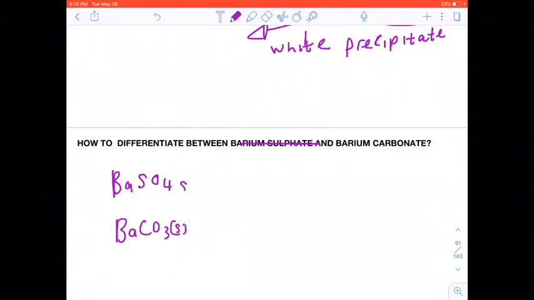So these are solids, both of these. And we want to know whether it's a carbonate or a sulfate.